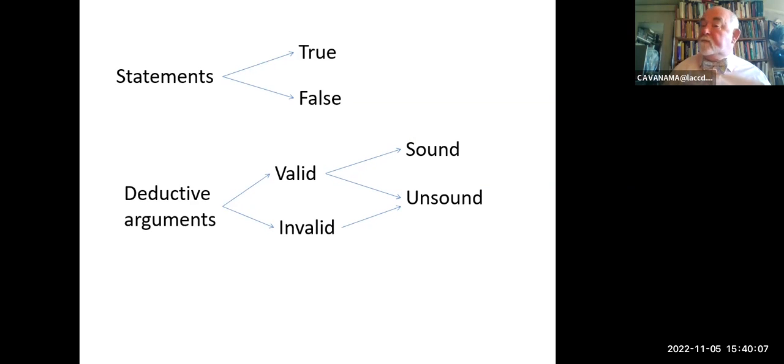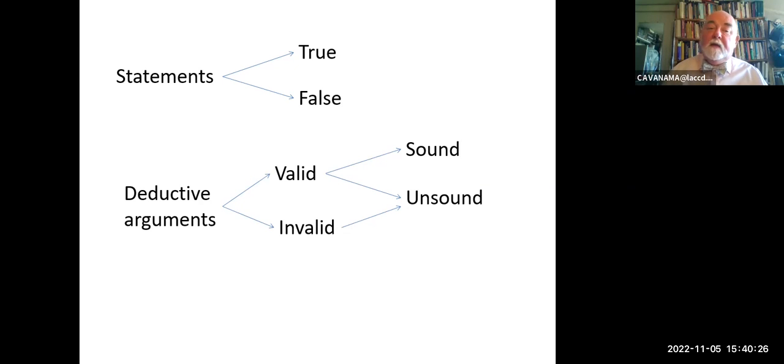So we've already seen, by definition, statements are going to be true or false. That's what makes a statement. A statement is a sentence which has truth value. It's either true or false. So you can say, this statement is true or that statement is false, and you're on track. Deductive arguments, on the other hand, are not true or false. They are either valid or invalid.